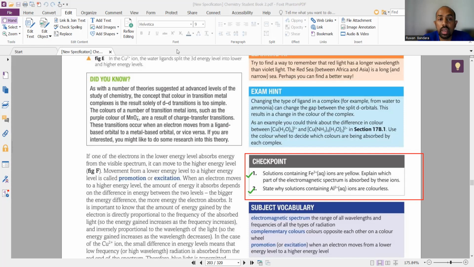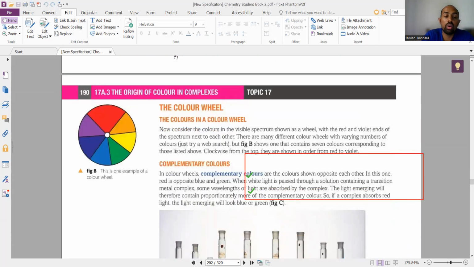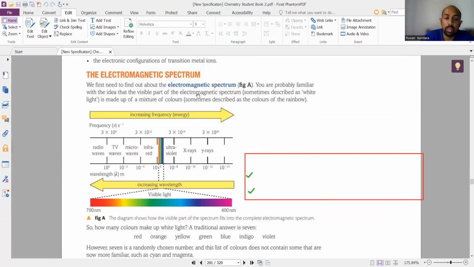Now the question says Fe3+ is yellow. Which part of the electromagnetic spectrum is absorbed by this color? Look at yellow. Obviously, it is purple color, so somewhere around 400 nanometers.